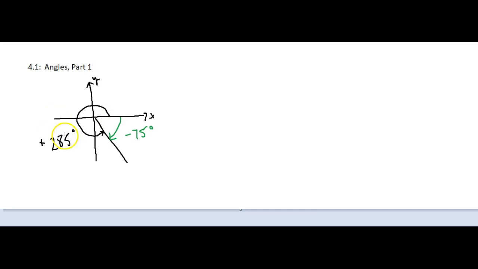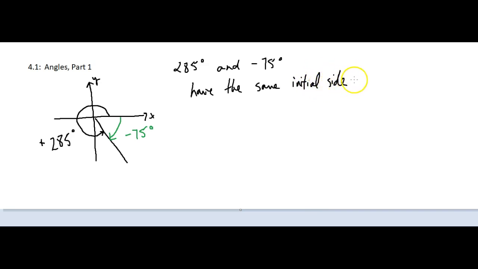So what you might notice is that 285 degrees and minus 75 degrees have the same initial side and terminal side.